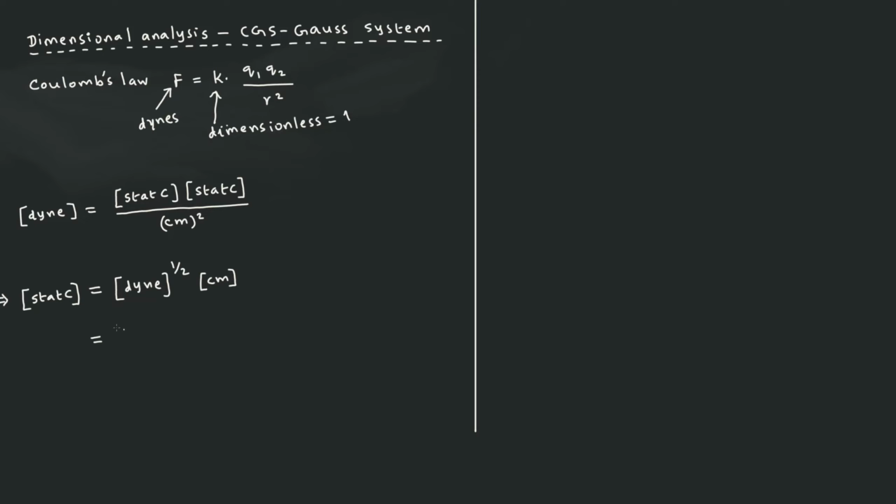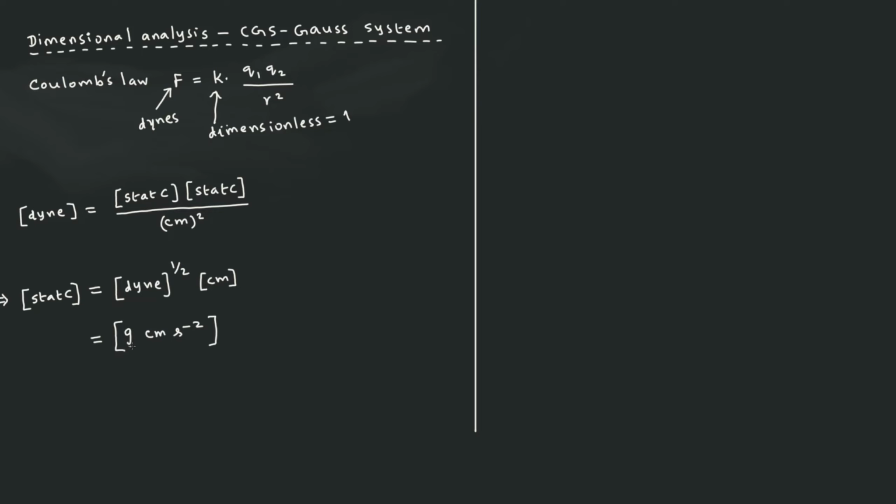And dyne is basically what is meant by dyne. In mechanics, dyne means you take 1 gram of the substance, and 1 gram of the particular object should be accelerated by 1 centimeter per second square. Centimeter per second differentiated with respect to time gives centimeter per second square. This is equivalent to the dyne.